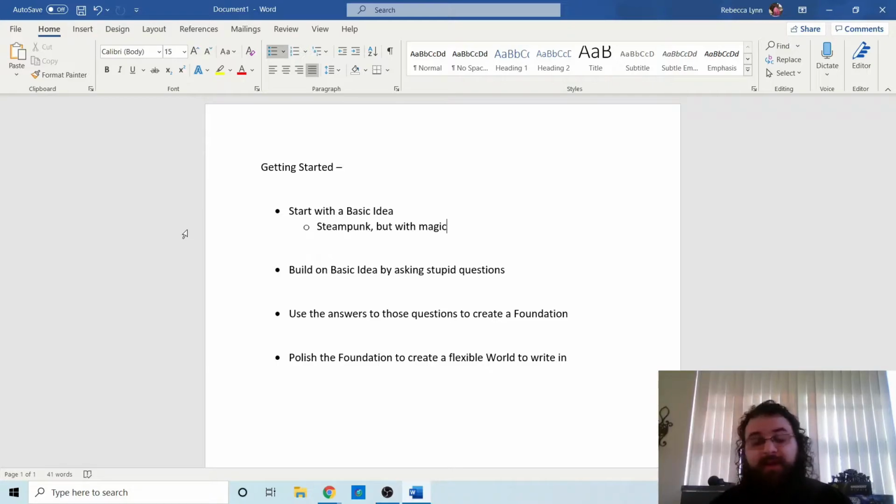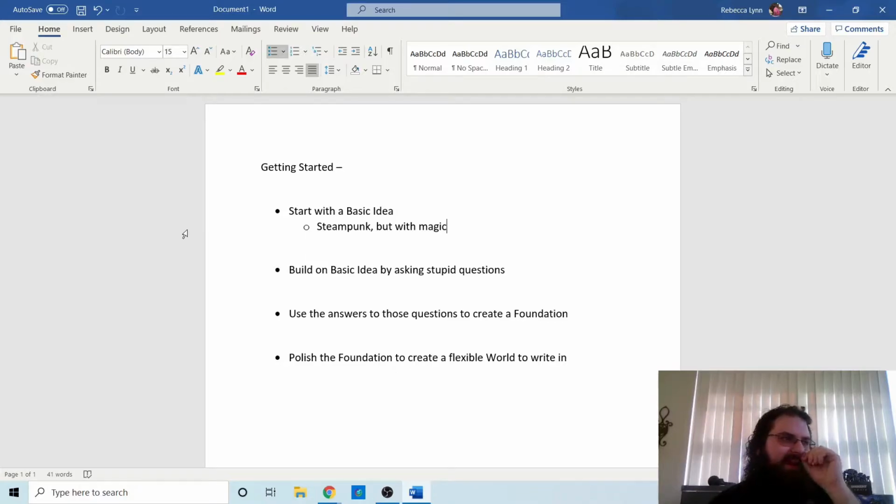But now, obviously, you could try to just write a story based on nothing but that basic idea. Steampunk, but with magic. But in my experience, you'll end up running into some problems as you go along. Because while steampunk, but with magic is maybe decently well defined in your head, it's hard to pin down in the world.